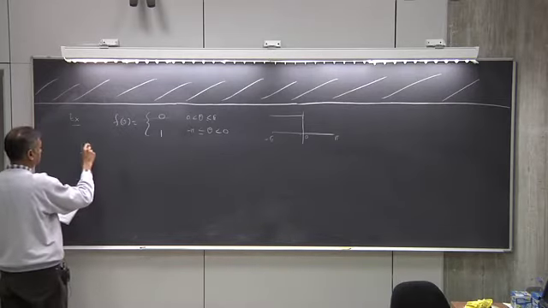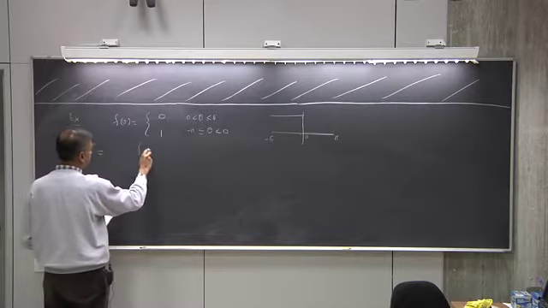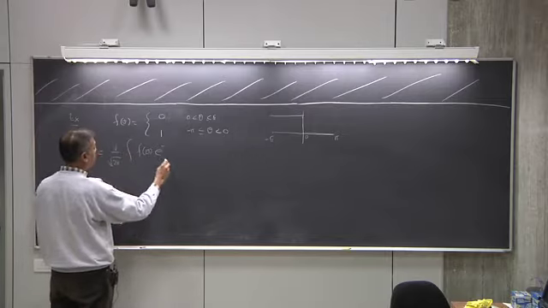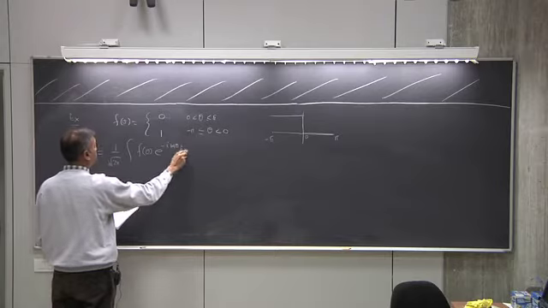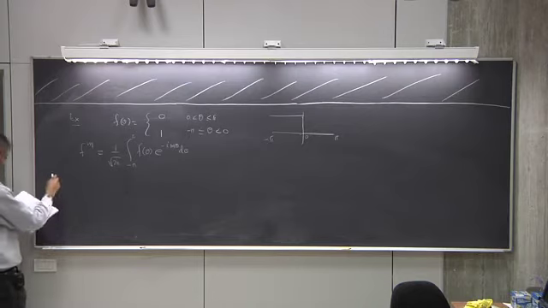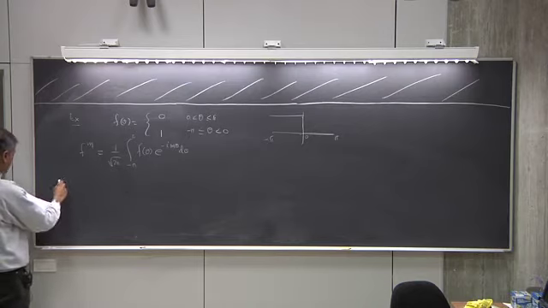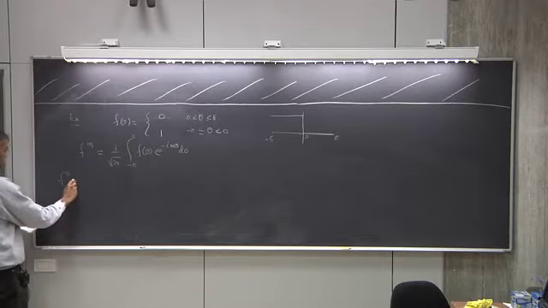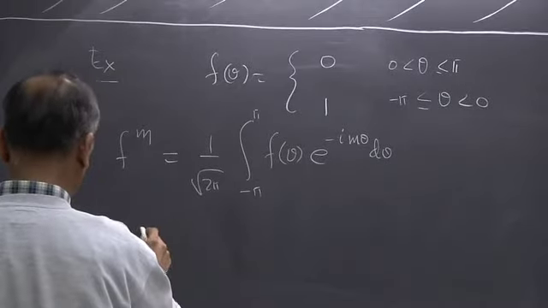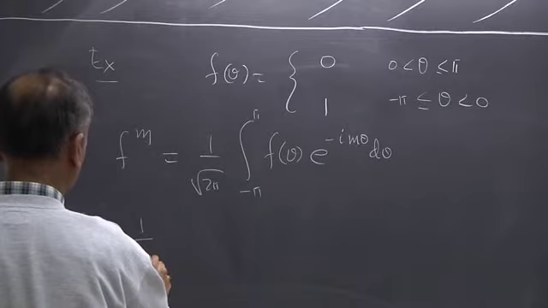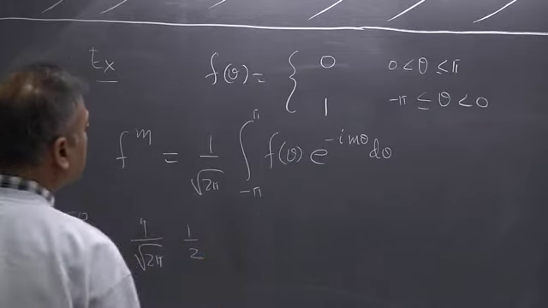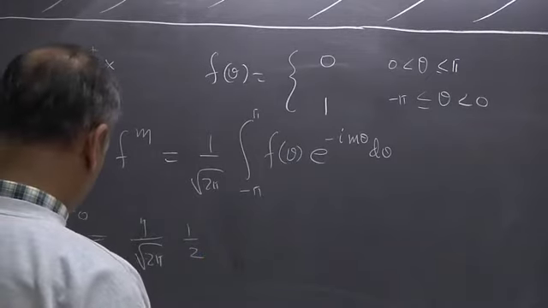So the Fourier series is simply defined by f_m equals 1 over root 2 pi times the integral of f of theta e to the minus i m theta d theta from minus pi to pi. We worked this out explicitly, and the answer was f_0 equals 1 over root 2 pi times pi by 2.